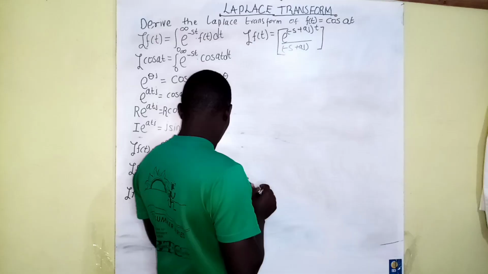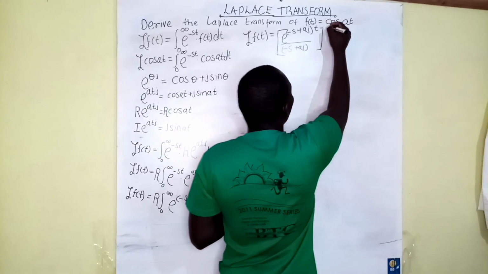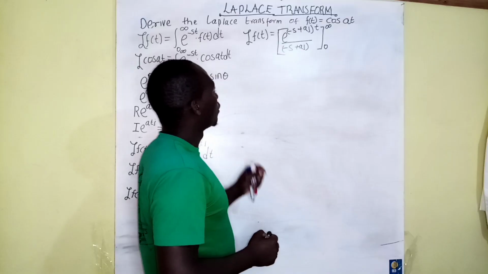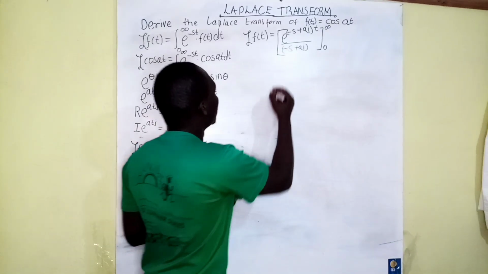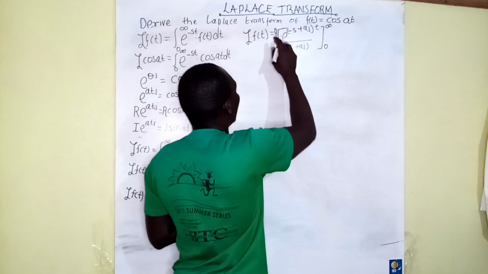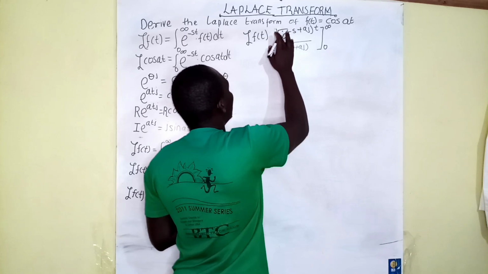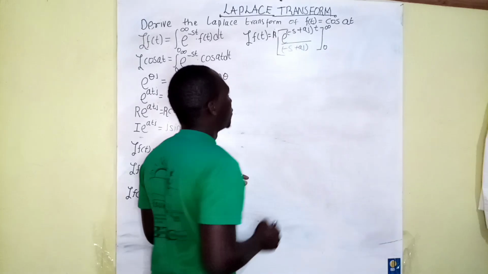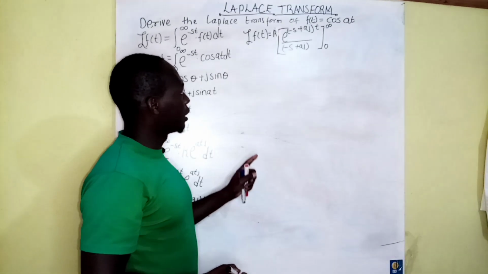Since our integration was with respect to the limits, the upper limit infinity down to 0, we also include them, and then we do not forget about the r, which stands for the real side.